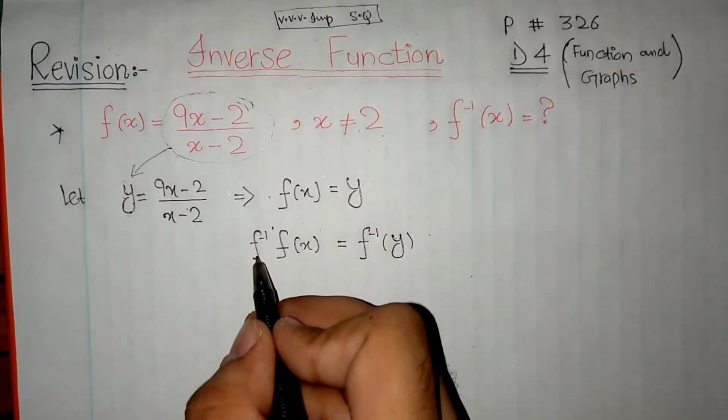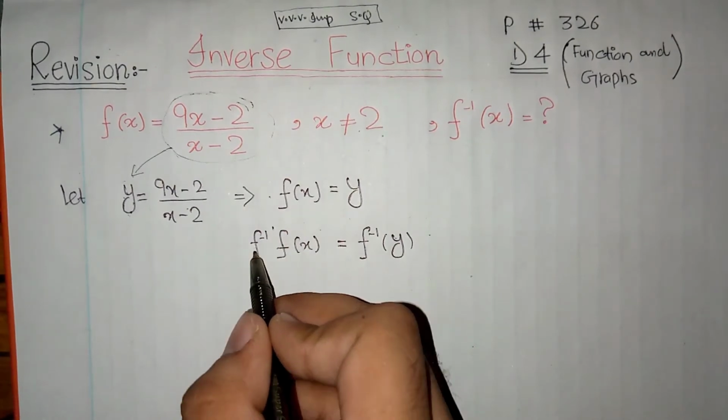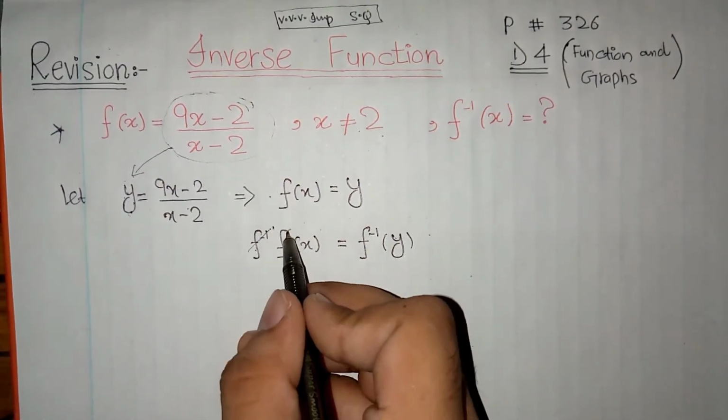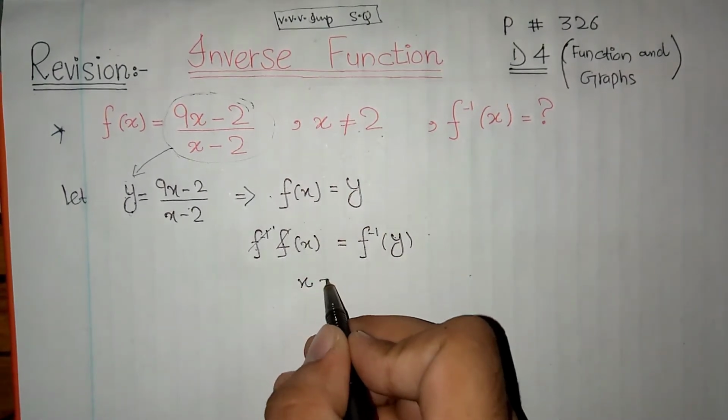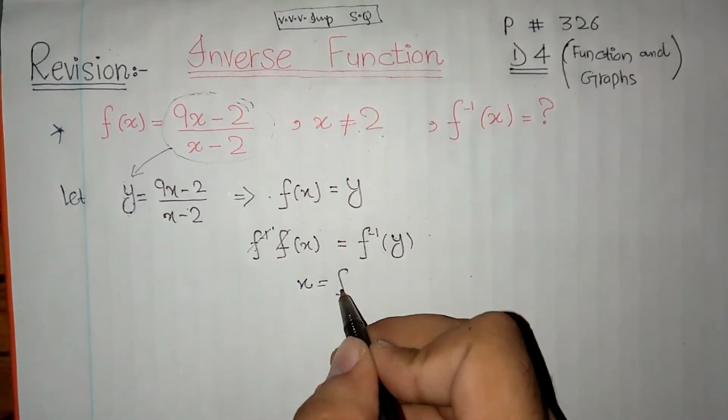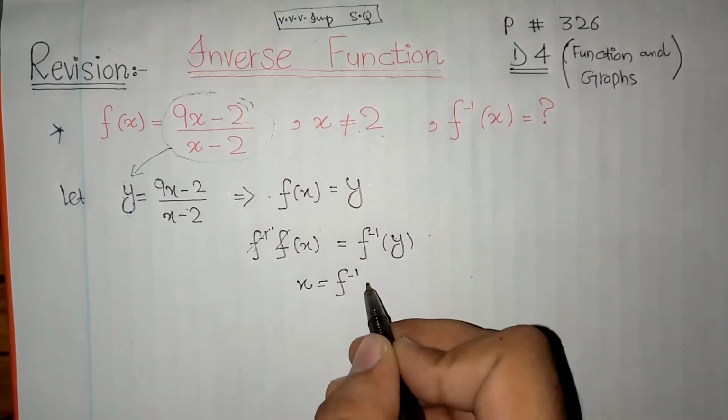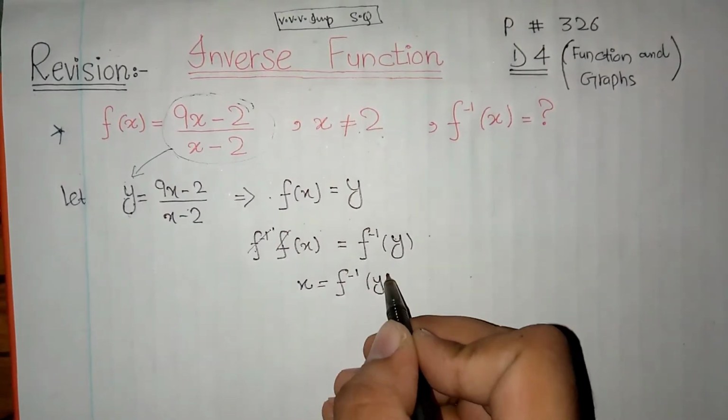As you know, when a function is multiplied with its inverse, they cancel each other. So on the left-hand side only x remains, and our expression becomes x = f inverse(y).